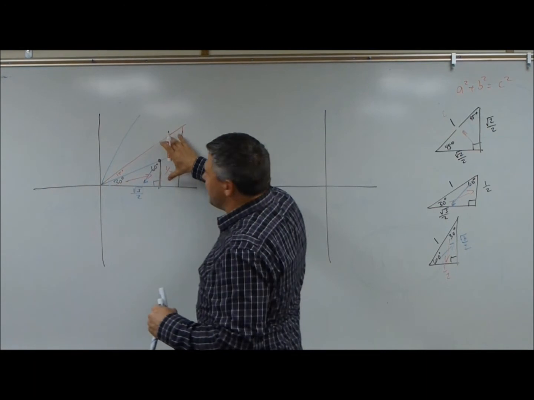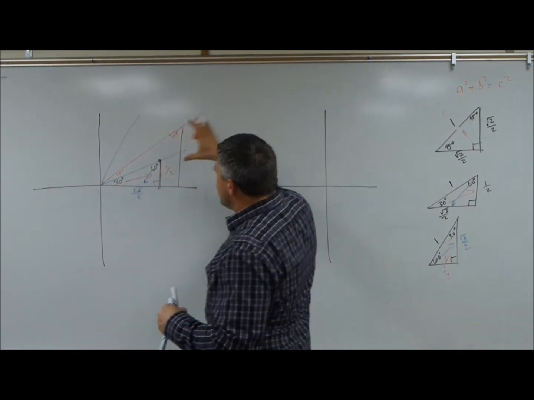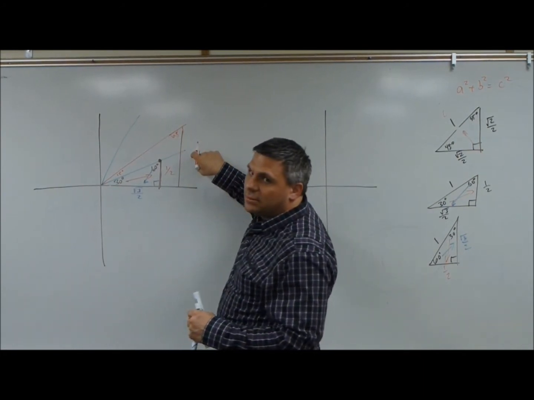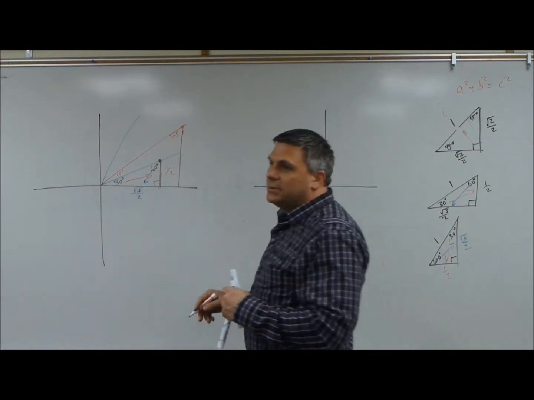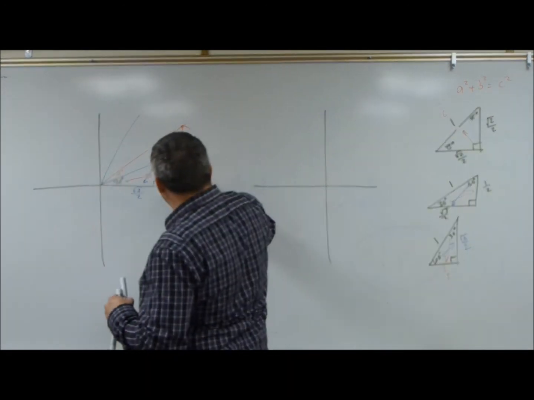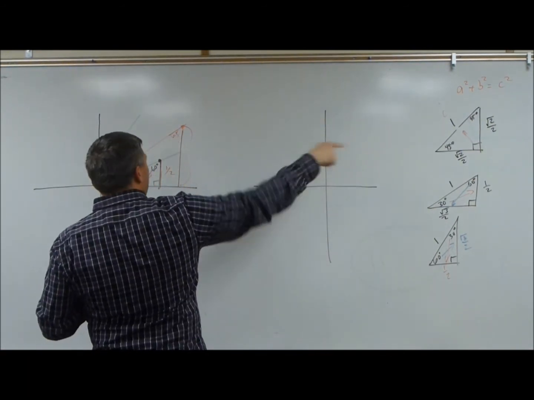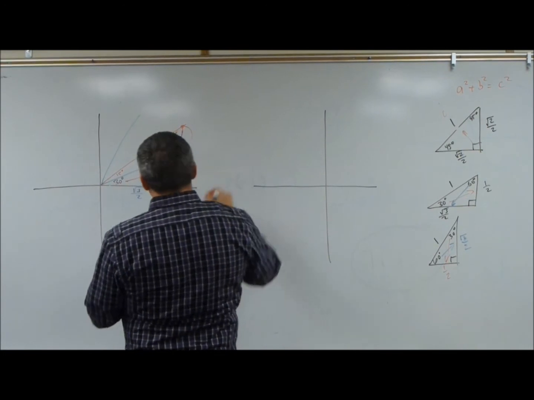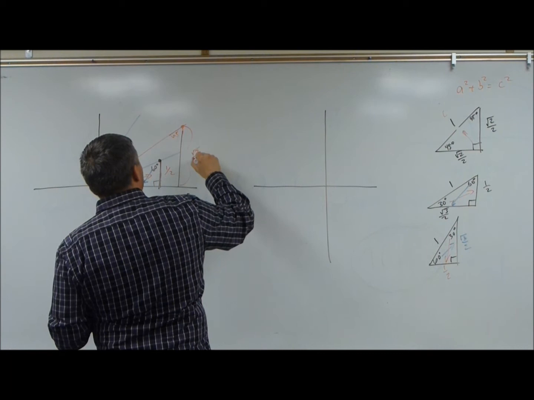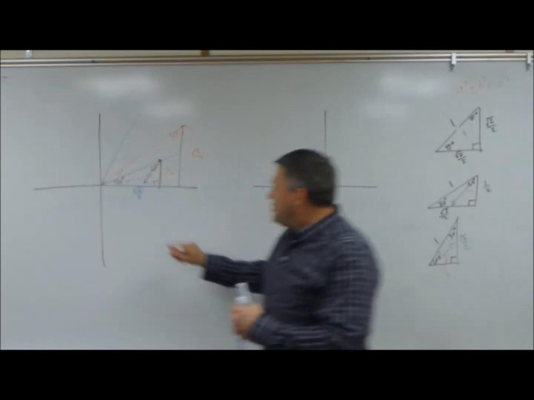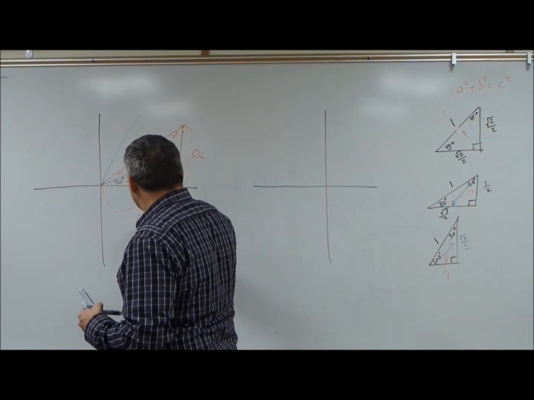So we got a 45-degree triangle, which makes this 45 degrees. Now, what's this height right here? It's the black one. So it's the square root of 2 over 2, and this length is going to be the square root of 2 over 2.